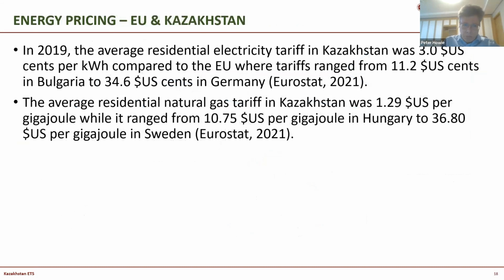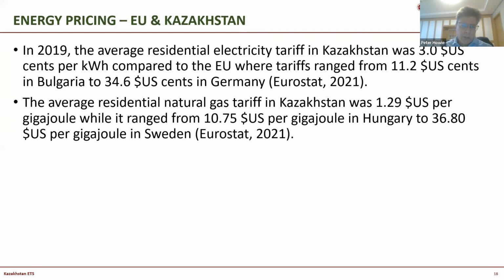So what about energy pricing? I want to talk about energy pricing in Kazakhstan versus the EU. With electricity, the average residential electricity tariff in 2019 was 3 US cents per kilowatt hour. When you compare this to the EU, residential electricity prices ranged from just over 11 cents in Bulgaria to just under 35 cents in Germany.